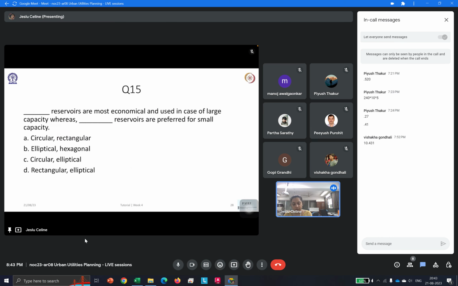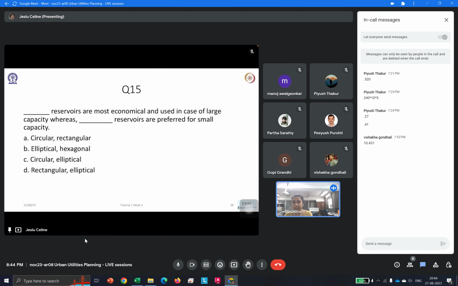Right. So now this is our last question. Dash reservoirs are most economical and used in case of large capacity, whereas dash reservoirs are preferred for small capacity. A, circular is preferred for large capacity and rectangle is preferred for small capacity. B, elliptical and hexagonal.